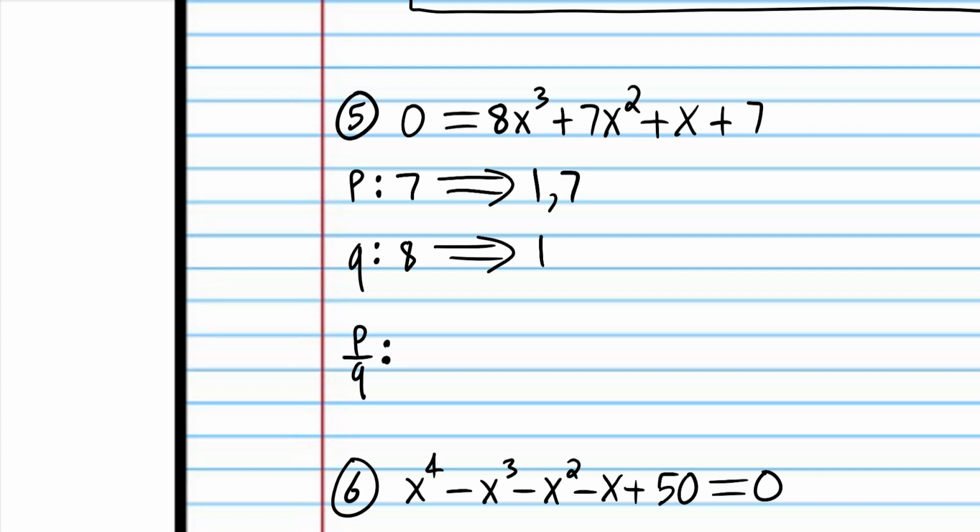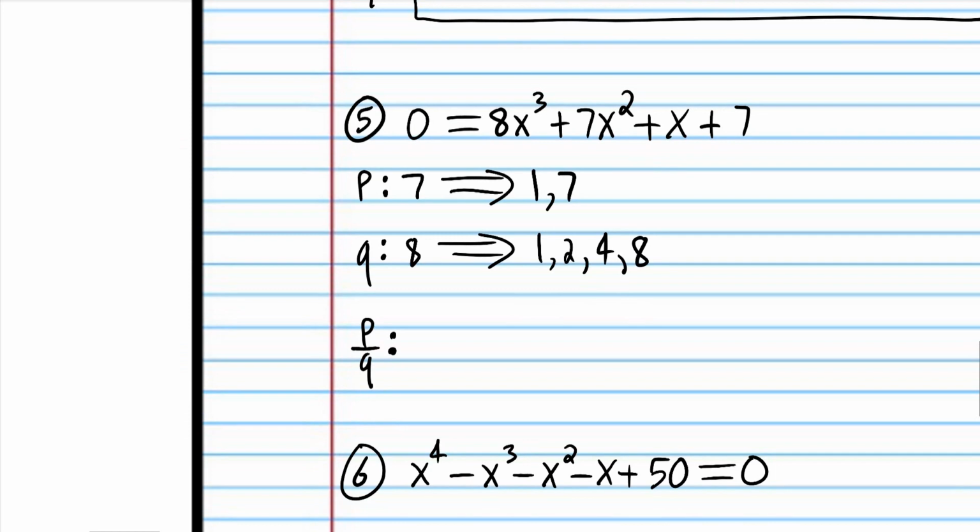And 8 is going to be 1, 2, 4, and 8. And now we're going to find all the possibilities, or all the options, for P over Q. So 1 divided by all these numbers. So 1 divided by 1 is 1. 1 divided by 2 is 1/2. 1 divided by 4 is 1/4. And 1 divided by 8 is 1/8.